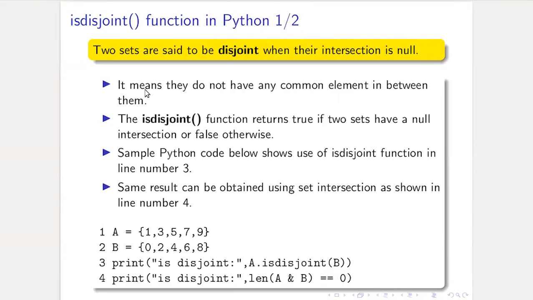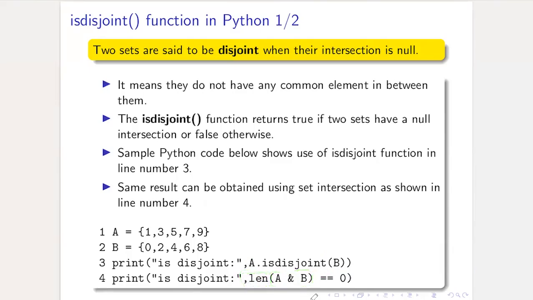So this is the disjoint built-in function, and as I have explained here, this particular behavior can be obtained by simply checking whether the intersection has any elements.